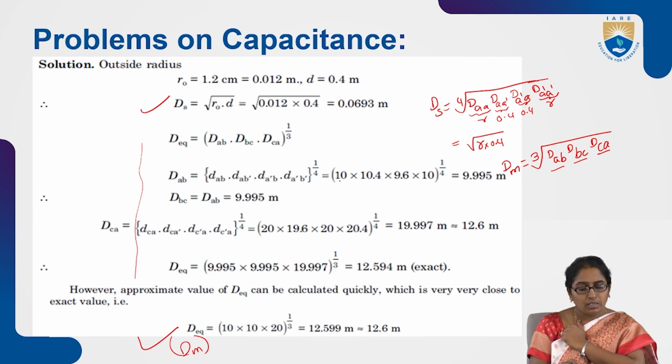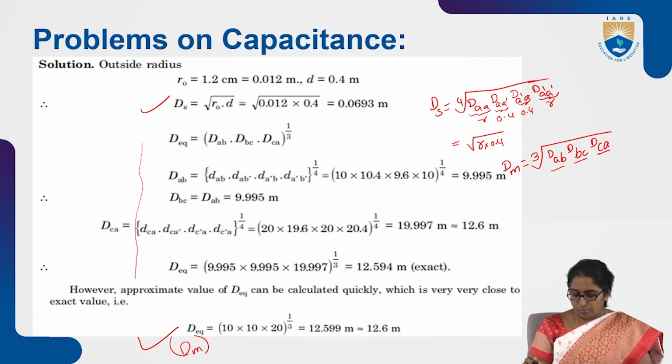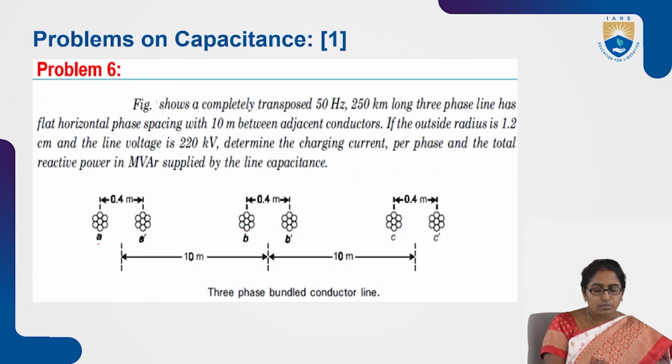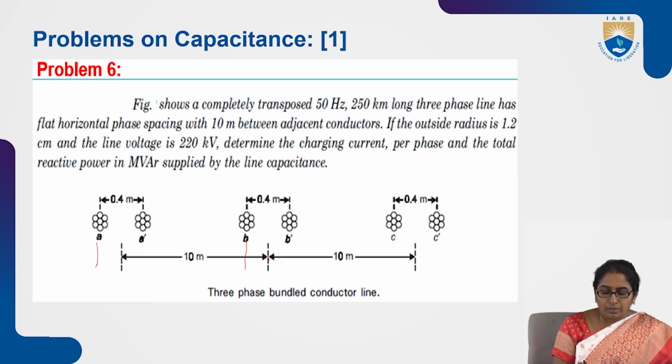From the previous diagram, dab is 10, dab dash is 10.4, and da dash b is 9.6. The distance between A and B is 10 meters. One is added, but the same length is subtracted, so whatever it may be, it is 10 only.